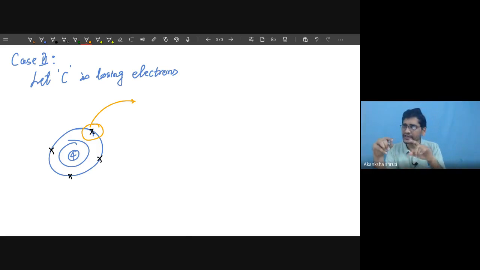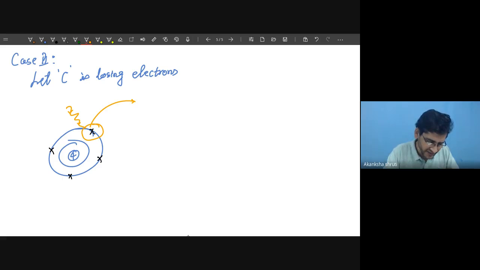For removing the electron from the atom, we need to give some energy. This you will learn in more detail in higher standard. If you are giving the energy, then this electron is able to come out, because the electron will get excited and move away from this.